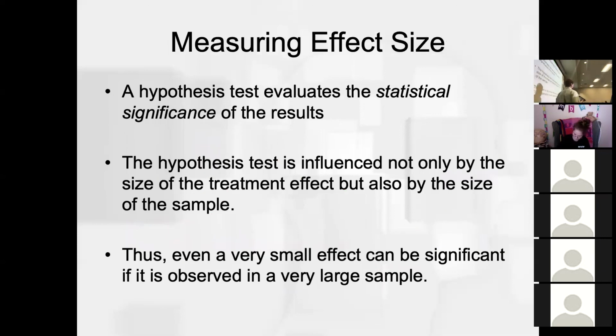Now, I said at the very beginning, when we were going over all this significance, that significance means statistically significant, meaning that there is a statistical difference, and not that it's a meaningful difference. The degree of how much meaning you can attribute to an effect is measured by what we call the effect size.